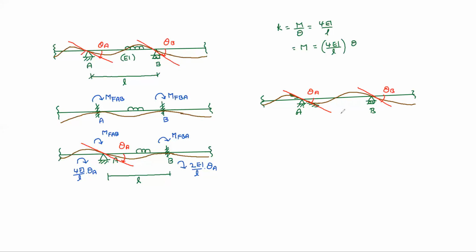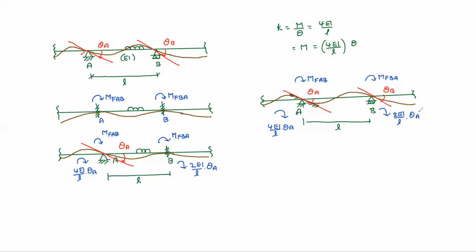This span is L. Already some moments are there. Those we will mark first. See here how much is there. Initially MFAB was there. Here MFBA was there. To rotate at A, we applied some moment, 4EI by L theta A. Due to carry over, here 2EI by L theta A developed.